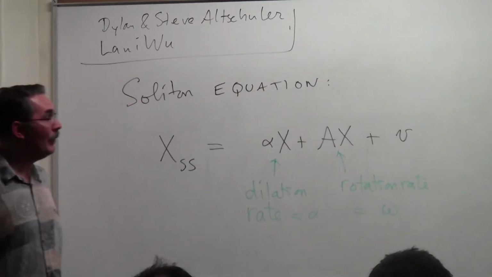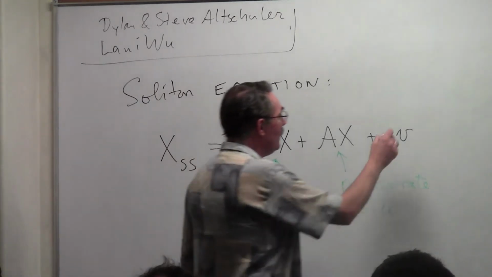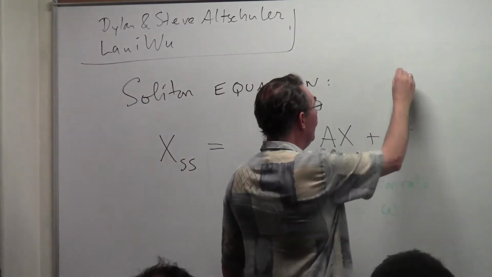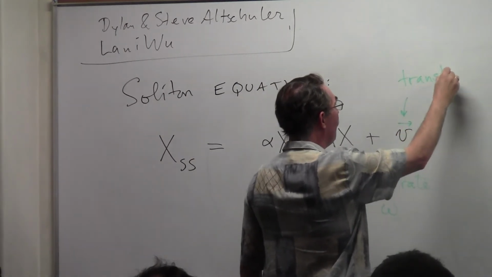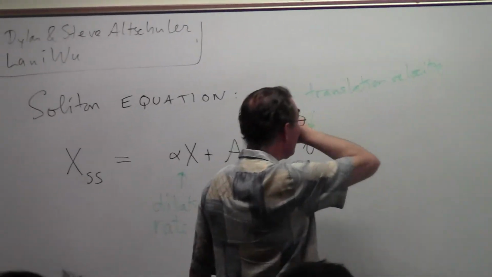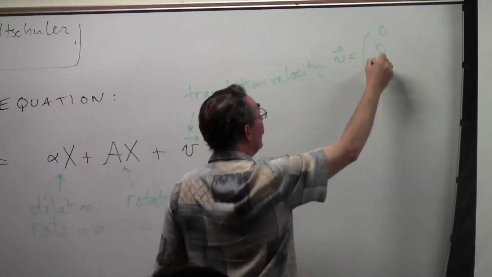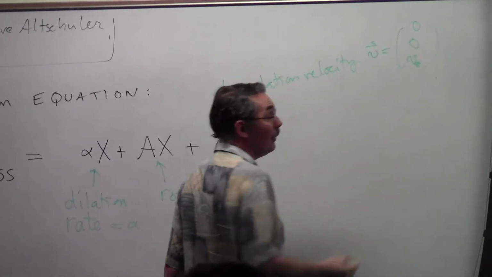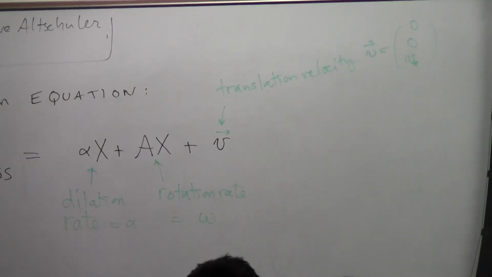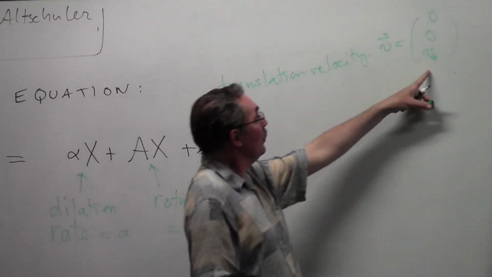The rotation rate around the z-axis is omega, and this vector v, that's the translation. Translation velocity v is (0, 0, v), where v is the vertical velocity. This will translate in the vertical direction, so that's a parameter that we can choose.